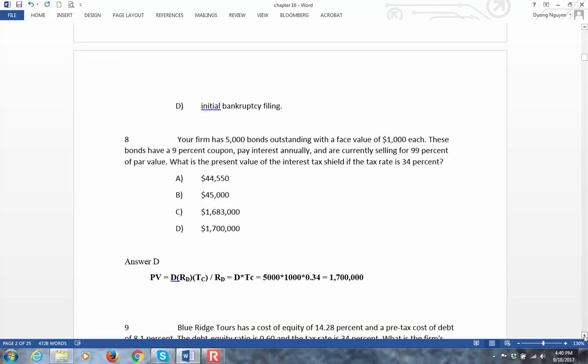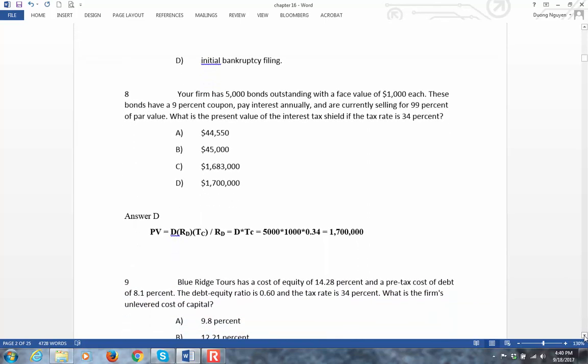Very similar for number 8. The firm has 5,000 bonds outstanding with a face value of 1,000 each. The bond has a 9% coupon and pays interest annually, currently selling for 99% of par value. What is the present value of the tax shield if the tax rate is 34%?